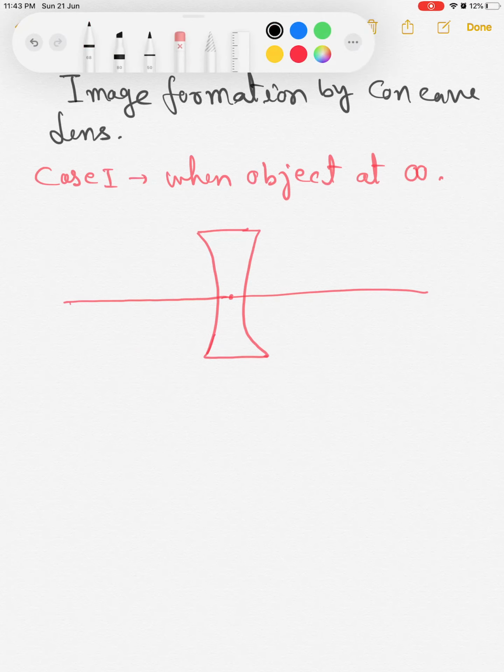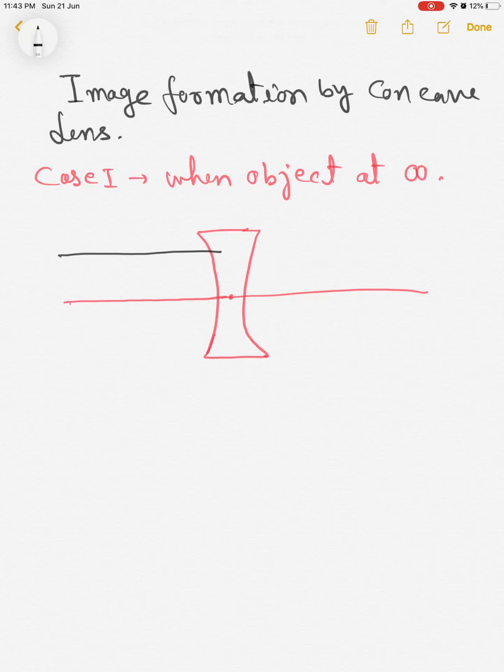So, when the object is at infinity, then rays will come parallel, and this lens is also known as a divergent lens. So, rays will diverge, actually they will diverge. So, they will not meet. If we extend them behind, then at one point they will meet, and that point is called the focus.